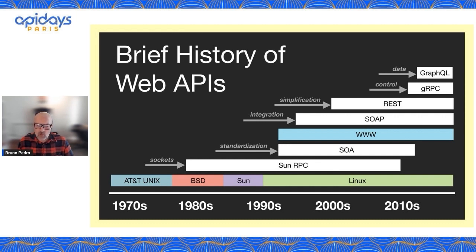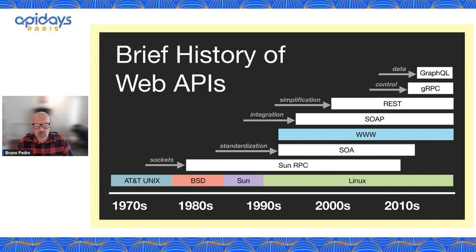Because of this oversimplification and also this explosion of APIs running over the web, there was a need to control how data and information was being shared, and what kind of information was being shared. So both Google and Facebook came up with two different protocols or kinds of APIs that had that goal. gRPC was one of them, and GraphQL was another.